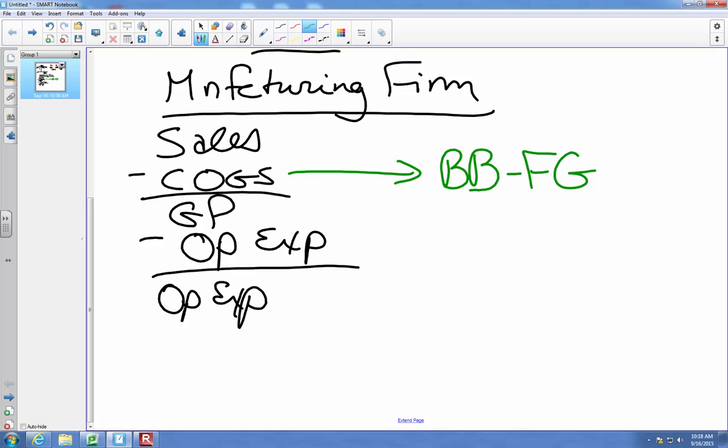In a merchandising firm, it's plus purchases, but here it's plus what I make, right? Yes, plus cost of goods manufactured. You've got this in your notes from sometime last week. So finished goods plus cost of goods manufactured gives me what?